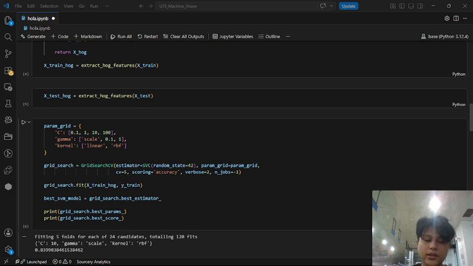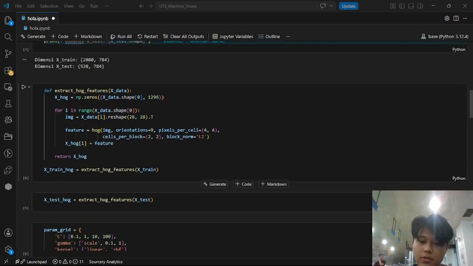Next are the HOG and SVM parameters. This is where I modified the parameters to match the dataset characteristics. For the HOG parameters, the MNIST image resolution is extremely small, only 28 by 28 pixels. If I use coarse parameters like pixels per cell 8 by 8, the image will only be divided into a 3 by 3 grid, losing the fine curves of the letters.